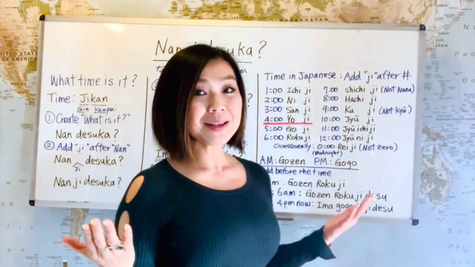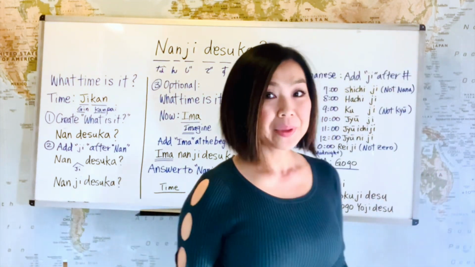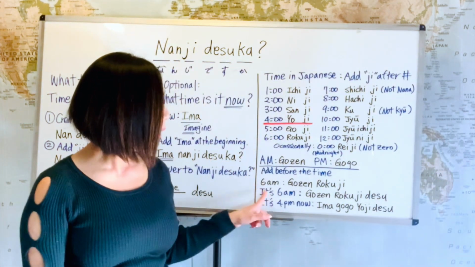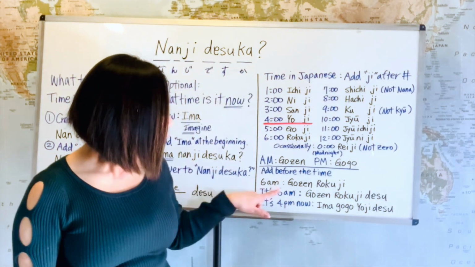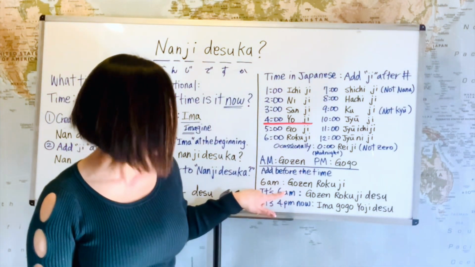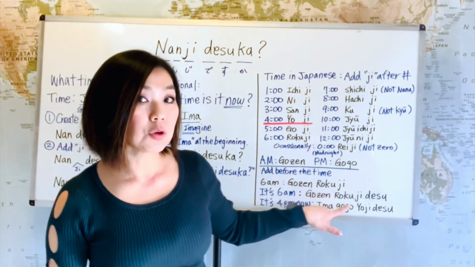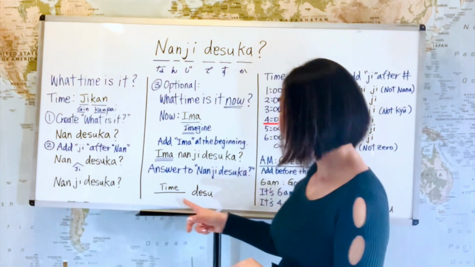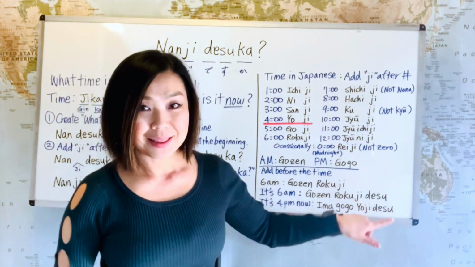This is how you can answer. You just put time, desu. If you want to answer, it's 6 a.m., you first say AM, which is 午前, and then 6 o'clock, which is 6時, and you add desu. So 午前6時です. That's the answer.